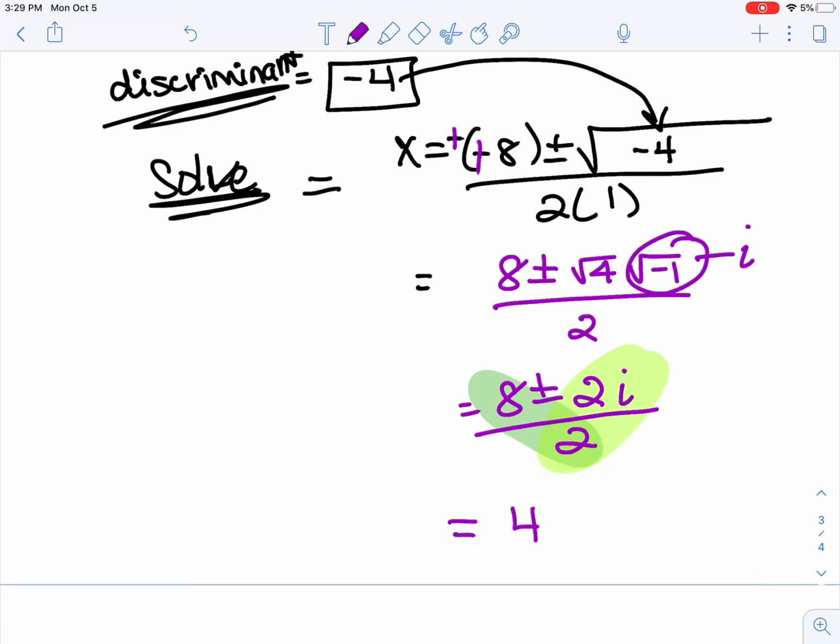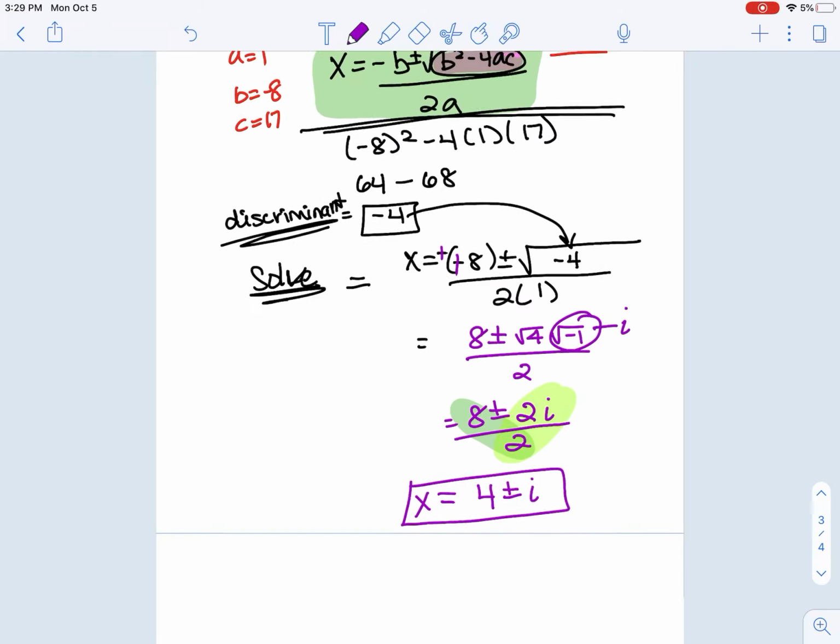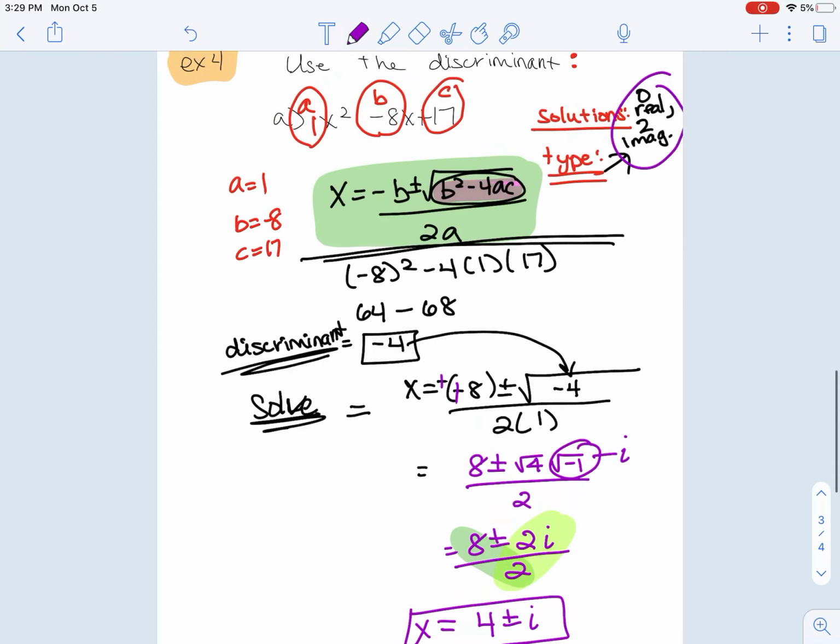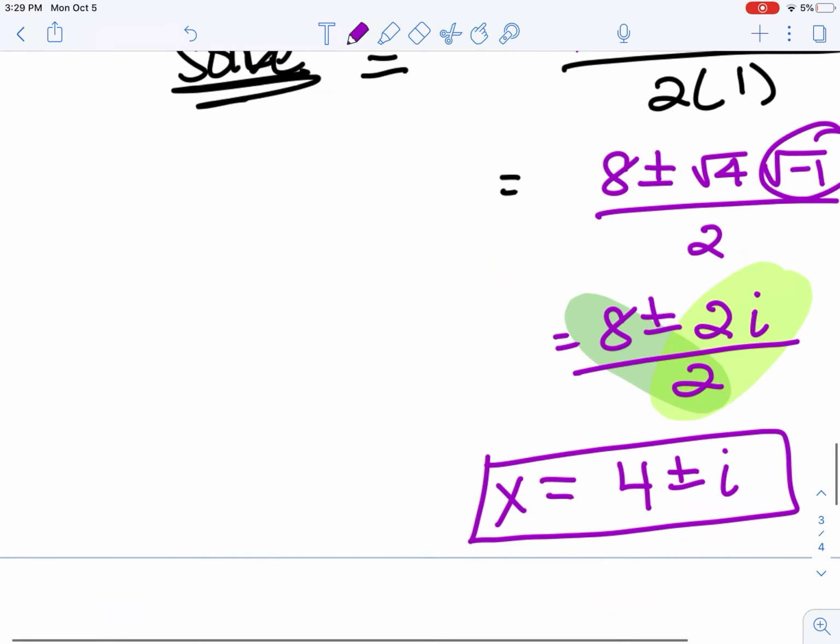So 8 over 2 is 4, plus and minus 2 over 2 is just 1, and 1 times i is i. So that's our solution for x. And we already knew because the discriminant said that we had 0 real solutions and 2 imaginary solutions right here. And see, now we've found them. And that's it for section 8.